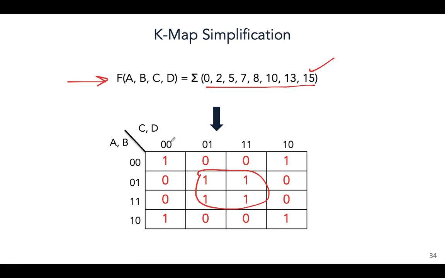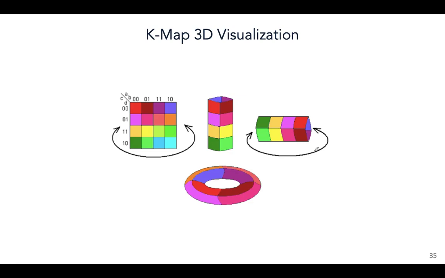And since we know that this is not a 2-dimensional map, but rather a 3-dimensional surface, that means this, this, this, and this is also a group. To help you understand that visualization, here's a diagram. Suppose this is a 4-variable K-map.